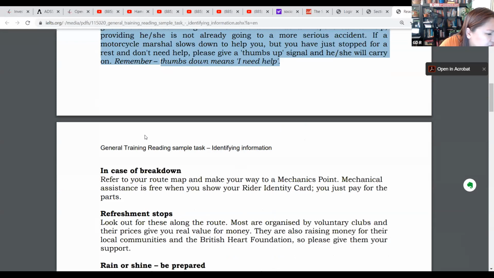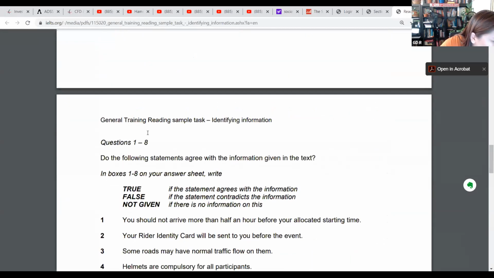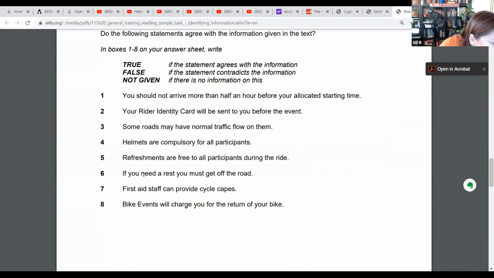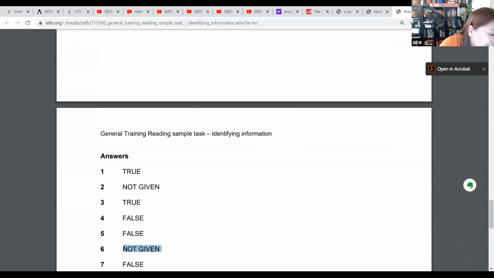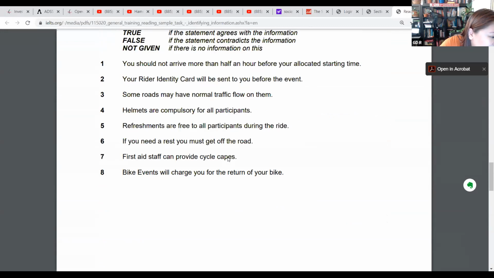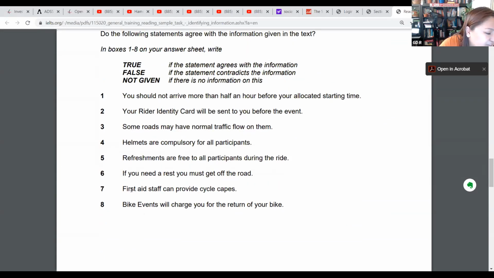So if it's not given, let's see if we're correct. If it's not given, number 6 should be not given. Yes, we cannot find any passage that states that you have to get off the road. Nothing.